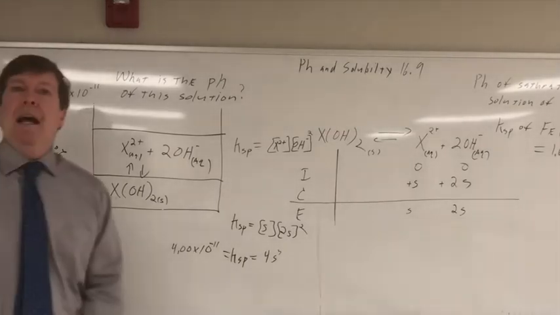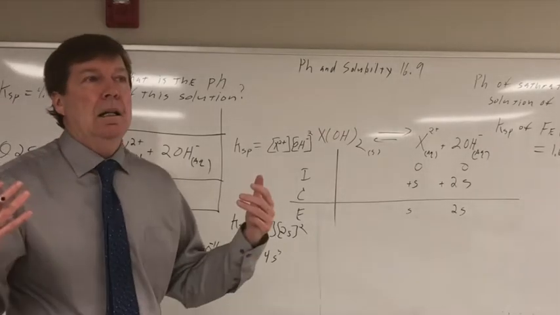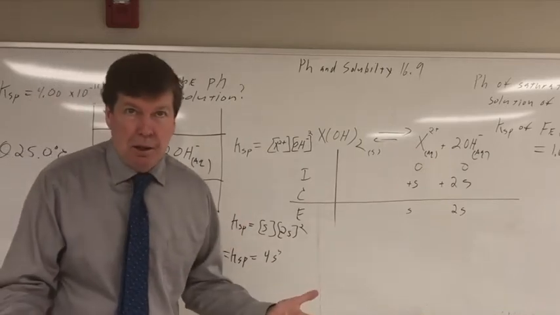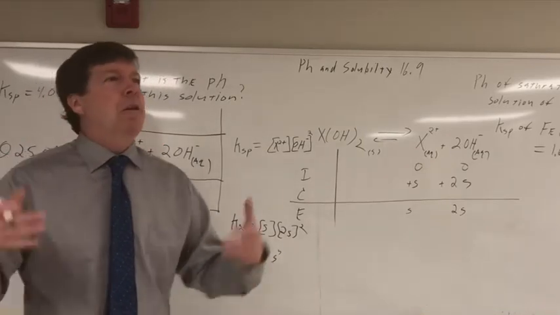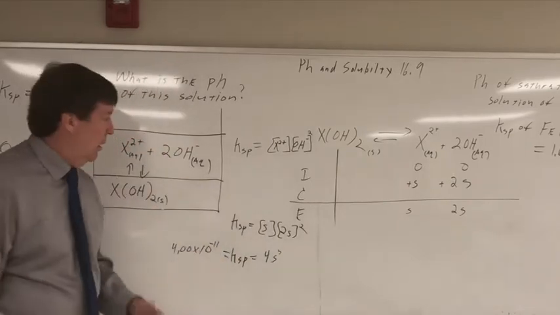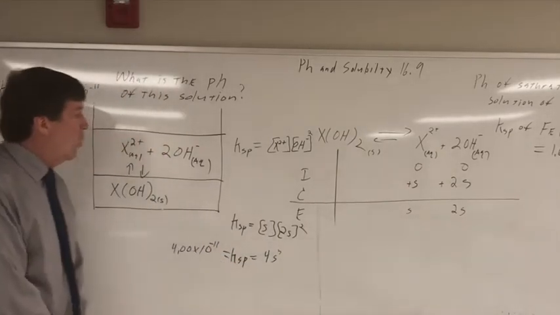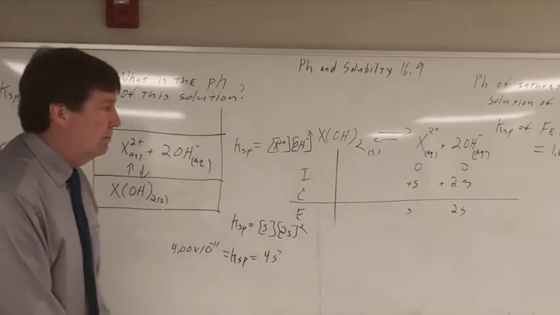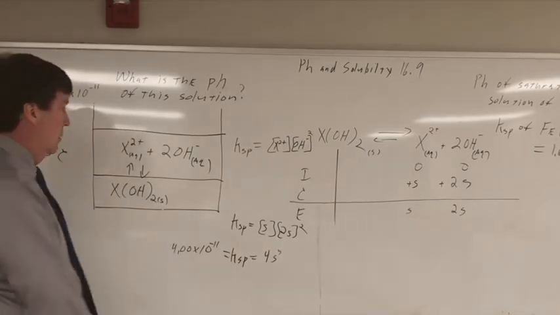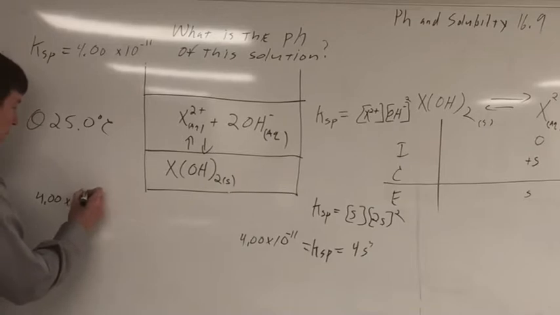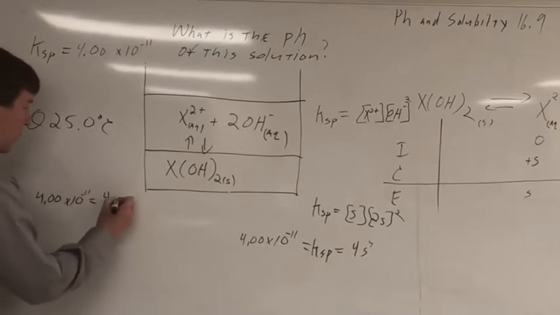Now, of course, you've left chemistry and you've entered freshman algebra. So we're going to solve for s. All right, so here we go. 4.00 times 10 to the negative 11th equals 4s cubed.